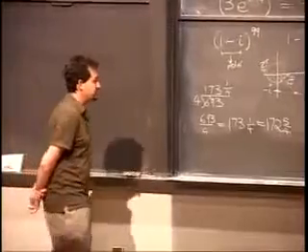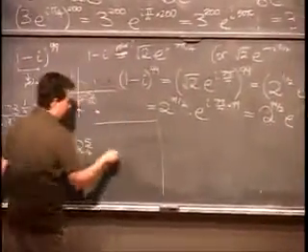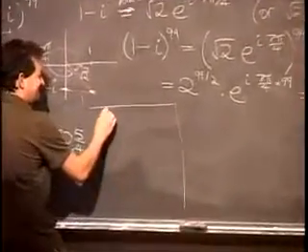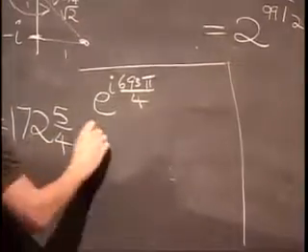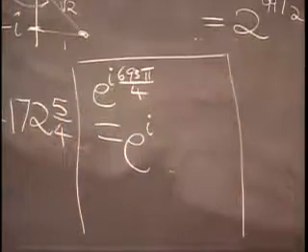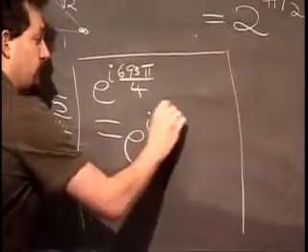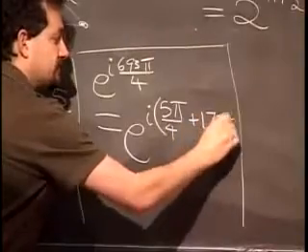It's divisible by 2. So what I'm going to do is just as a sidebar over here, I'm just going to notice that e to the i 693 pi over 4 is the same as e to the i 5 pi over 4 plus 172 pi.